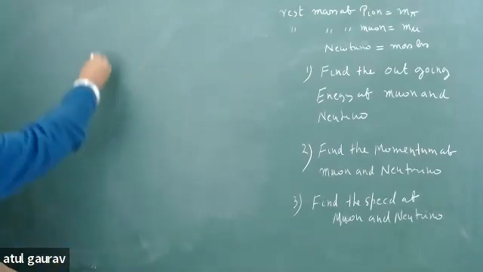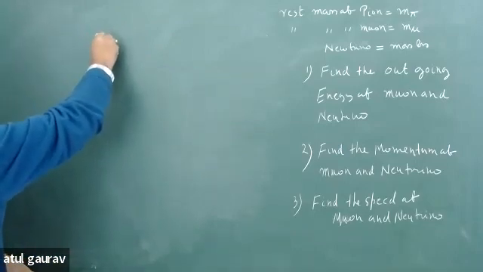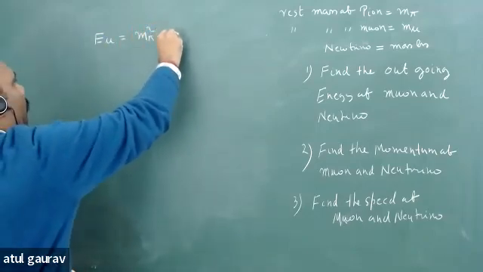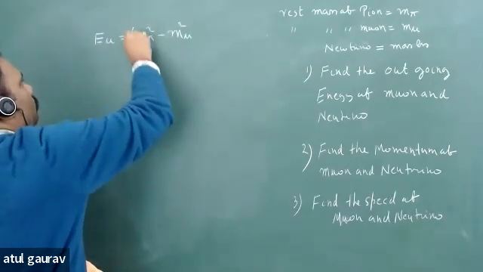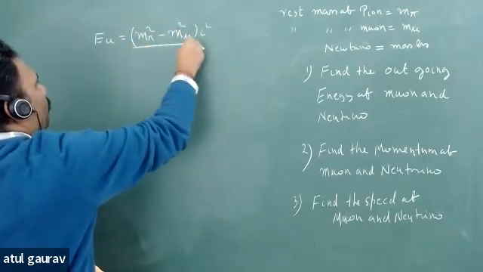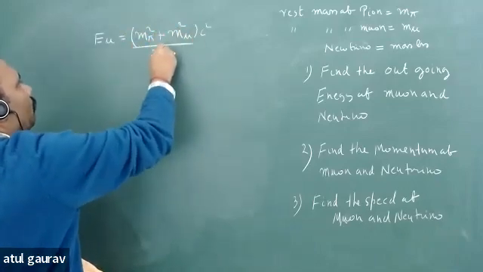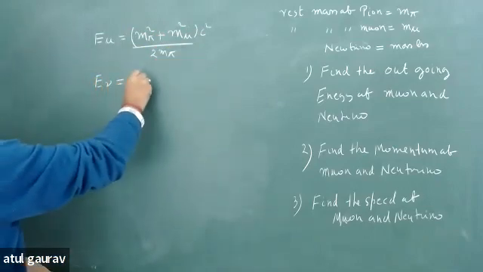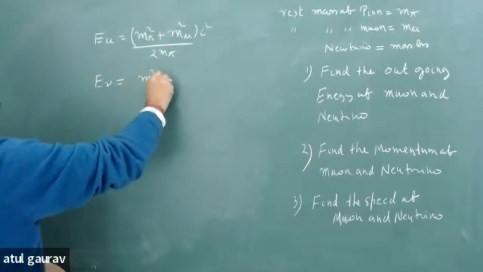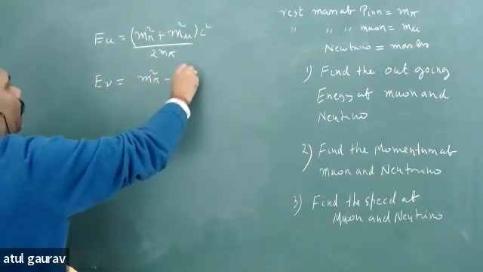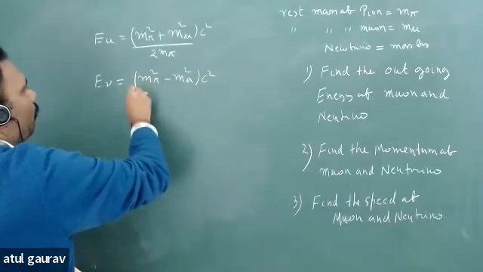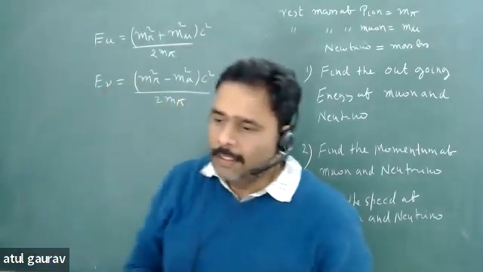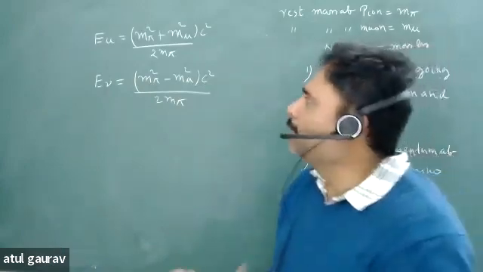The first expression is, we have E mu equal to (m pi square plus m mu square) c square by 2m pi, and here E nu is equal to (m pi square minus m mu square) c square by 2m pi. Now please tell me, I just want to calculate the momentum.